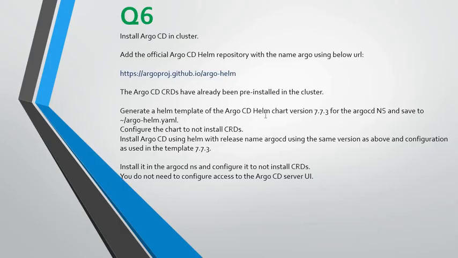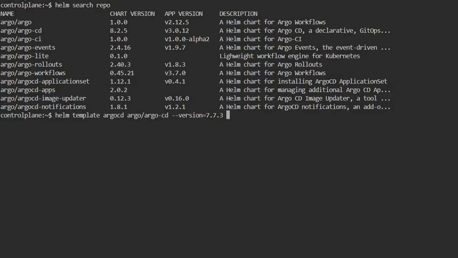In the question it is said that the Argo CD CRDs are pre-installed, but in the lab you have to install the CRDs, because in the exam the CRDs will already be installed. So first give the namespace argocd, then set crds.install equal to true.